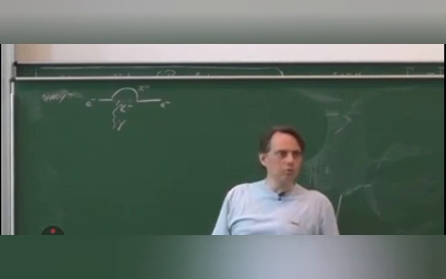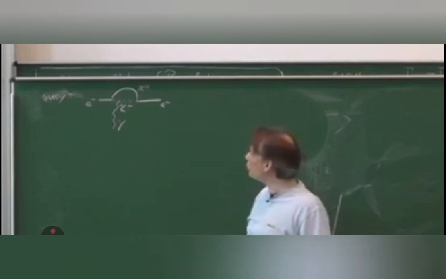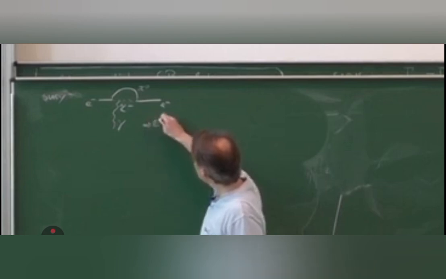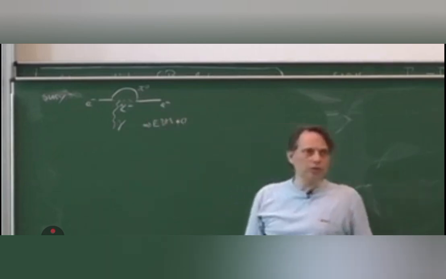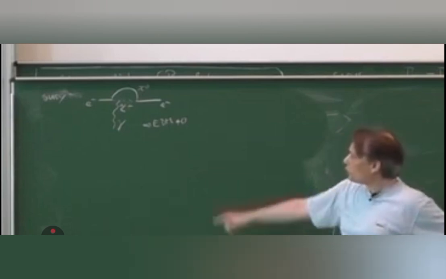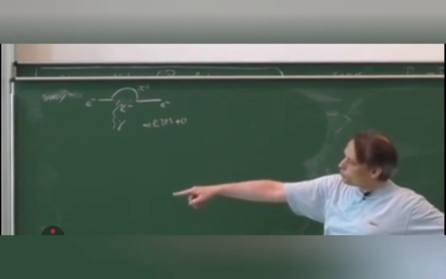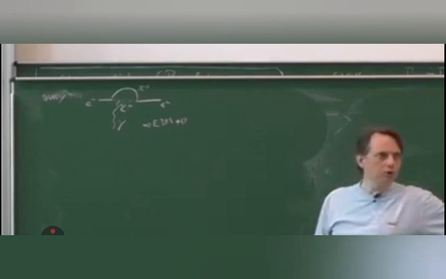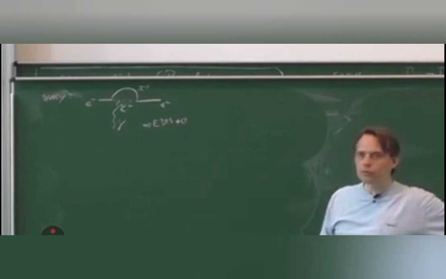Then you have at the 1-loop level such a Feynman diagram which can give rise to CP violation. And therefore, again, extensions of the standard model can give predictions for electric dipole moments which are many, many orders of magnitude higher than the predictions of the standard model itself.